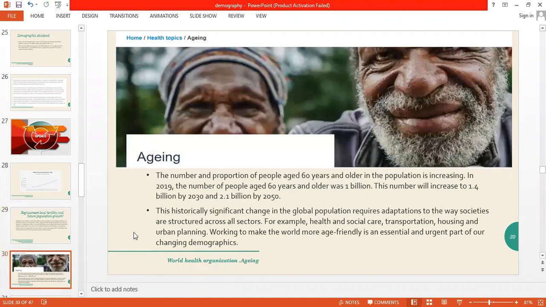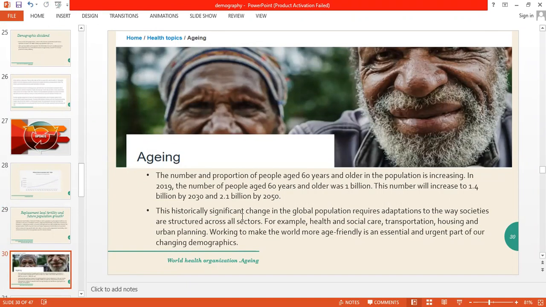Aging. The number and proportion of people aged 60 years and older in the population is increasing. In 2019, the number of people aged 60 years and older was 1 billion. This number will increase to 1.4 billion by 2030 and 2.1 billion by 2050.